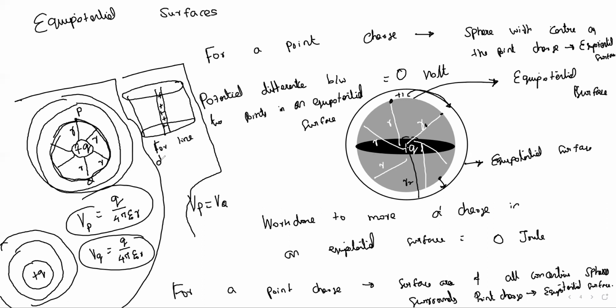For a line distributed charge, the equipotential surface must be a cylinder with the axis kept at that line. A cylinder having its center axis at that line. Is that clear?